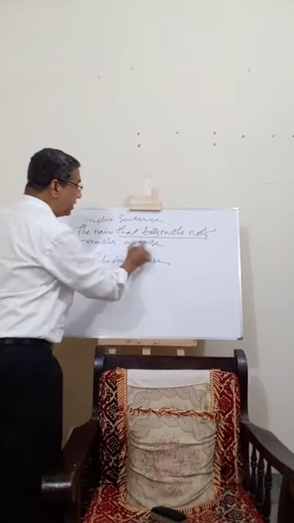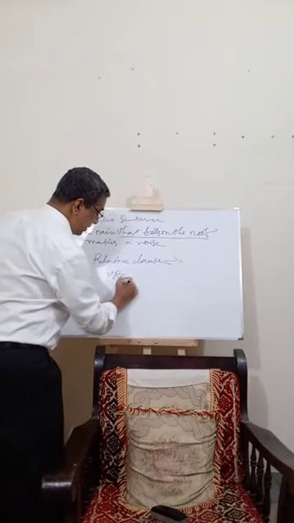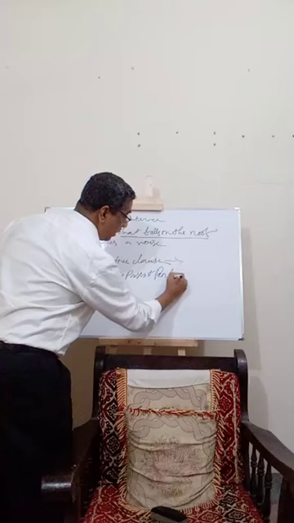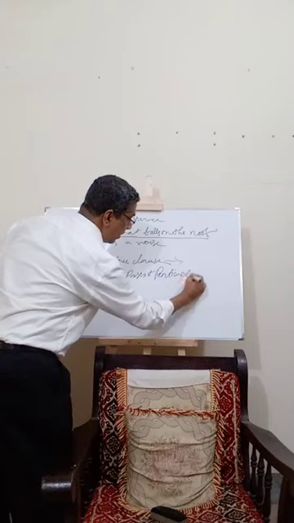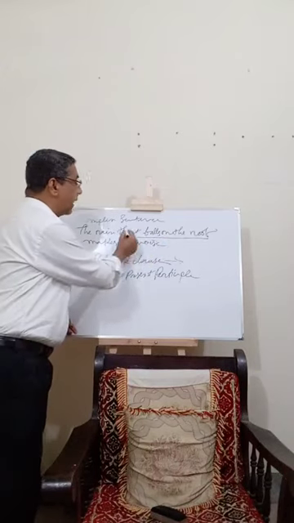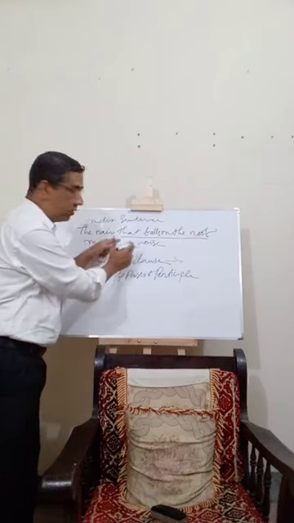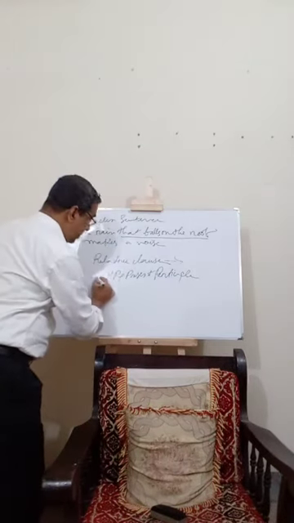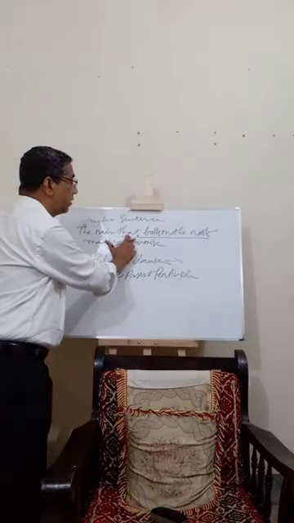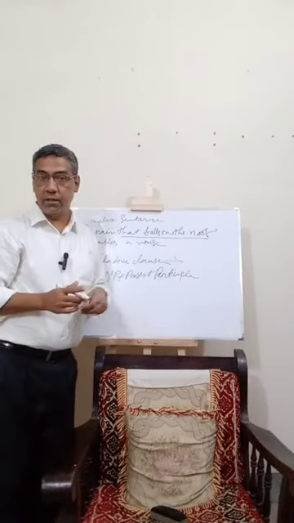So I will change this relative clause by using NP plus present participle. Now I will use it in place of the relative clause, and then the complex sentence will change.